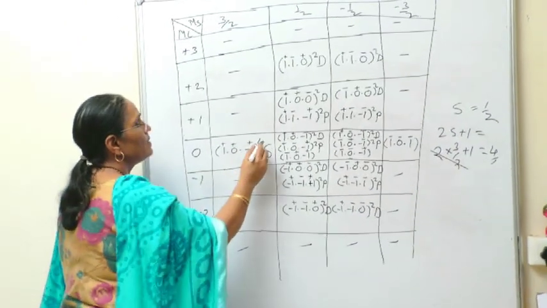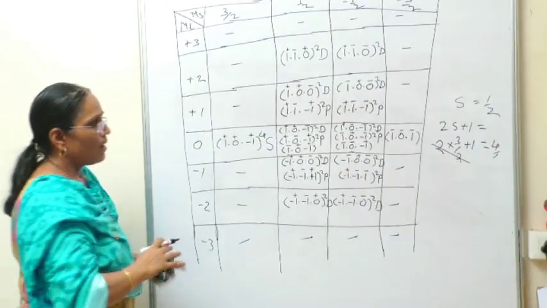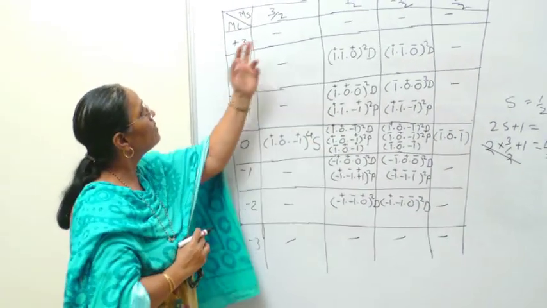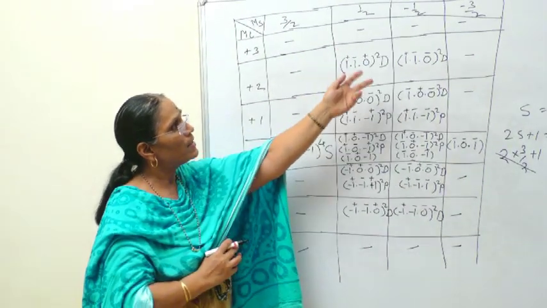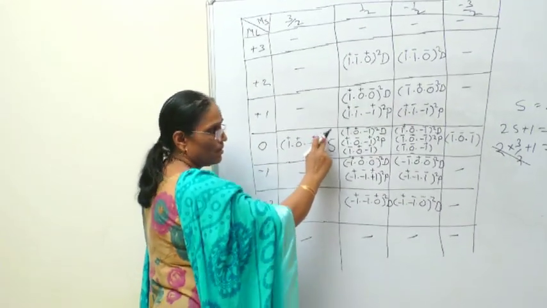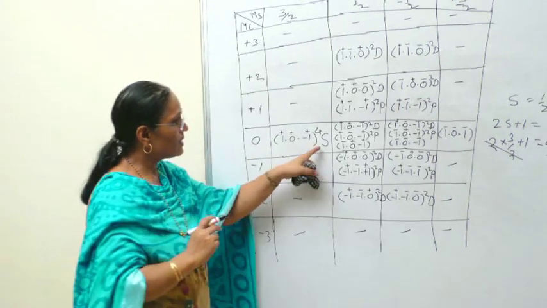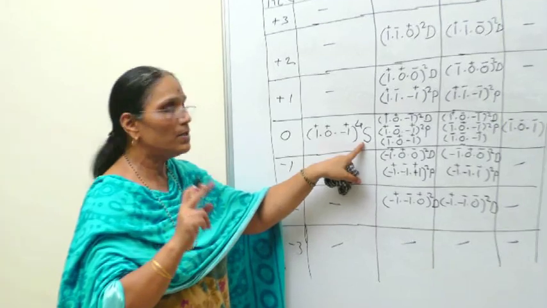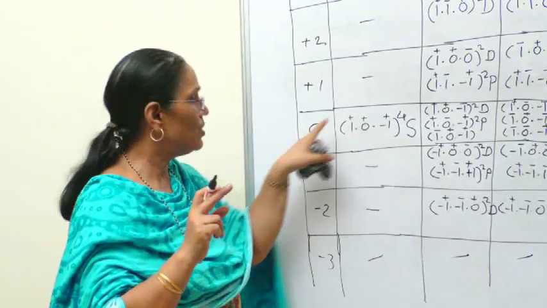Quartet means this term will occur in 4 spin values, and these 4 spin values are 3/2, 1/2, minus 1/2 and minus 3/2. So this is the quartet S, and for S the orbital quantum number is 0, therefore only 1 ML value is there, that is 0.